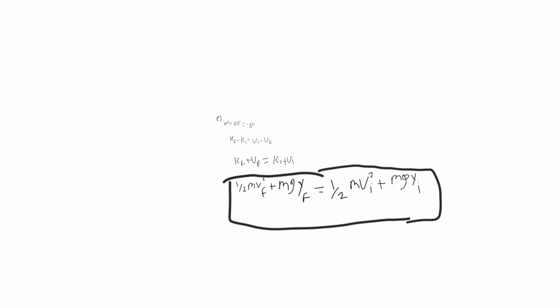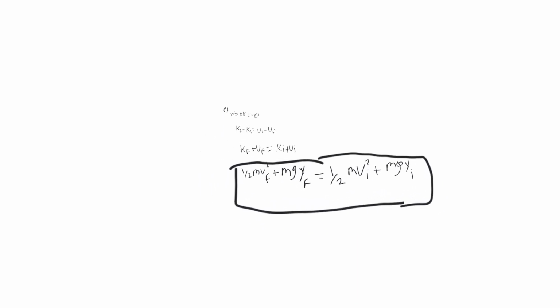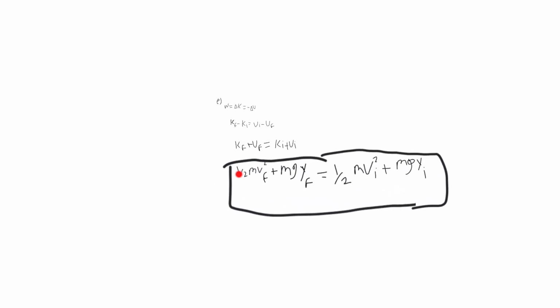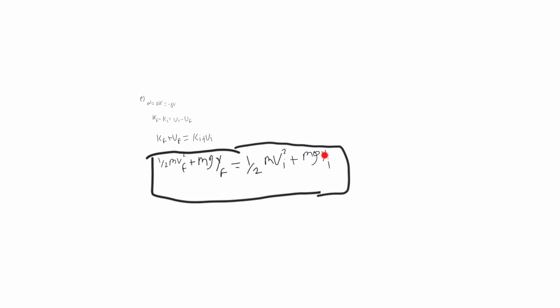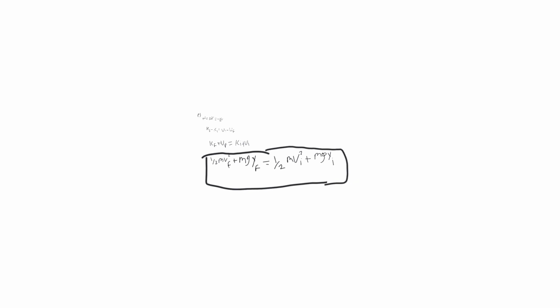And in a more expanded form for this problem, it will be half of the mass times velocity squared of the final, which refers to the kinetic energy, plus mg y of the final, which refers to the potential energy, right? And the same thing over here, referring to the initial. This is the kinetic, this is the potential, and they equal each other. That is the conservation of the mechanical energy for this problem.